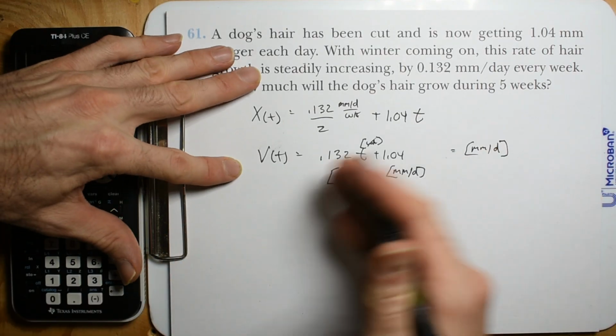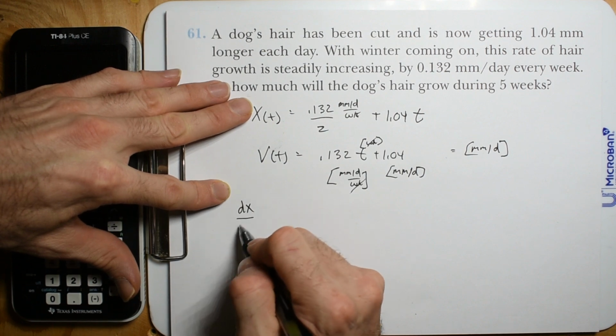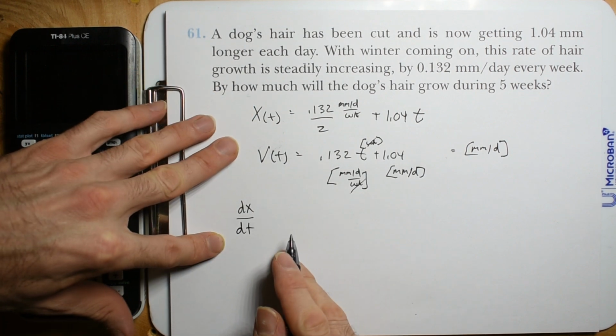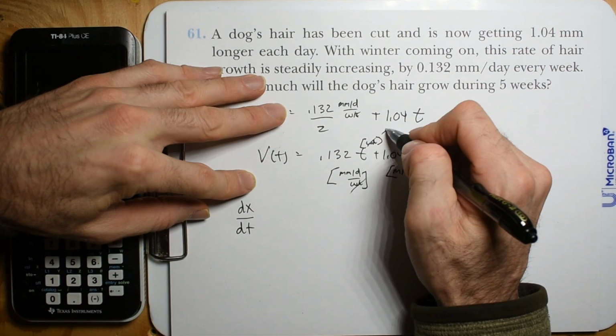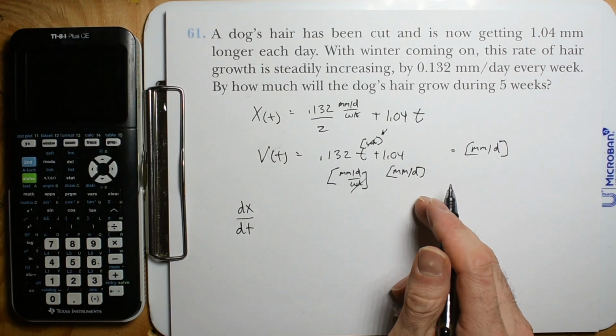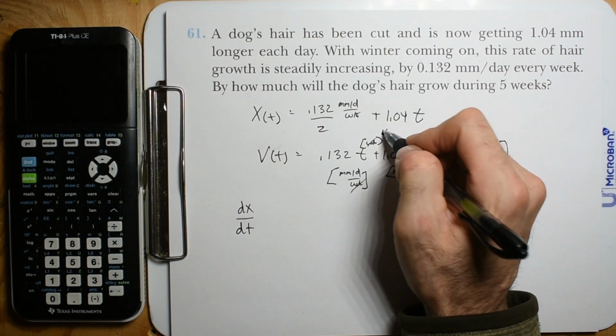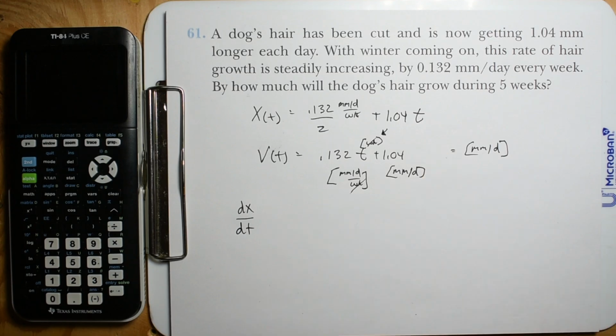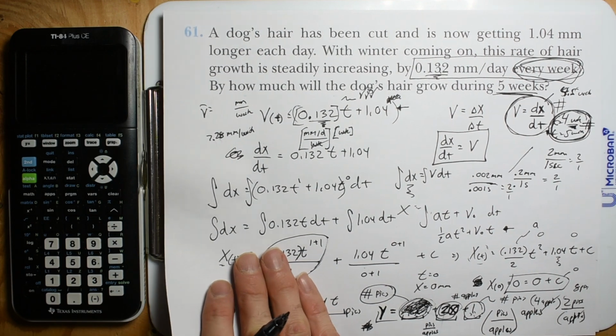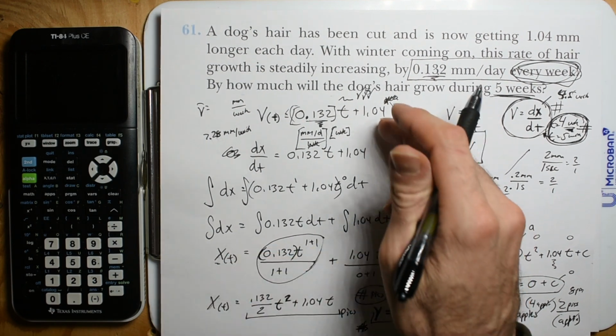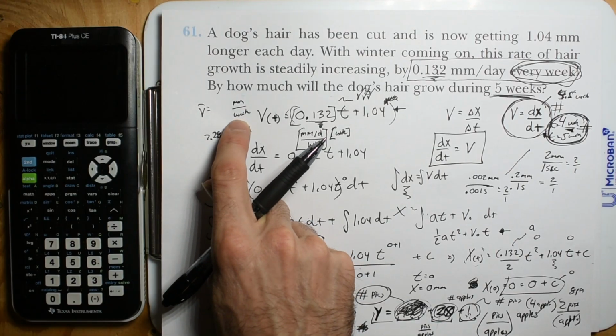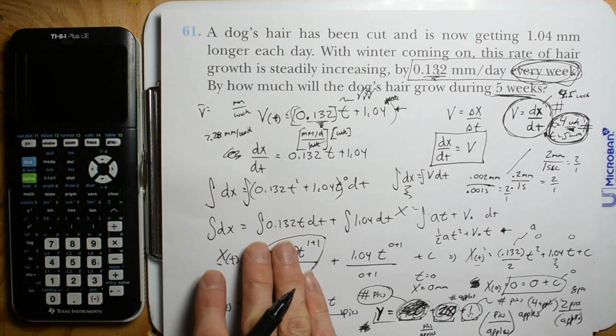Okay, and then let's follow the integration. We said this was change in position, change in time. And time is still in weeks though. So it's kind of fascinating, yeah, I was right that you probably would want to change.